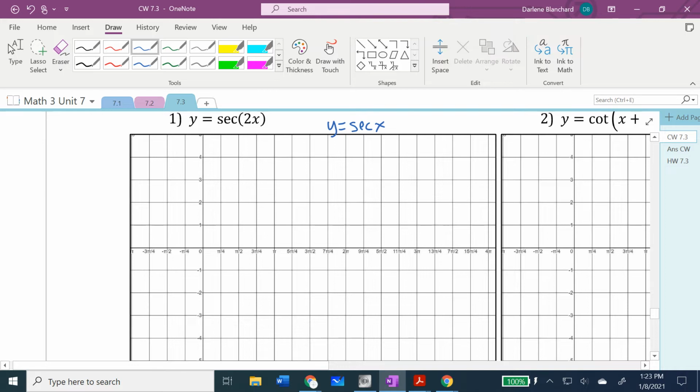And what I'm going to do to help me graph this, if I didn't have notes next to me, I remember that it is the reciprocal of cosine. So if I draw a cosine graph, and yes, you could do that.